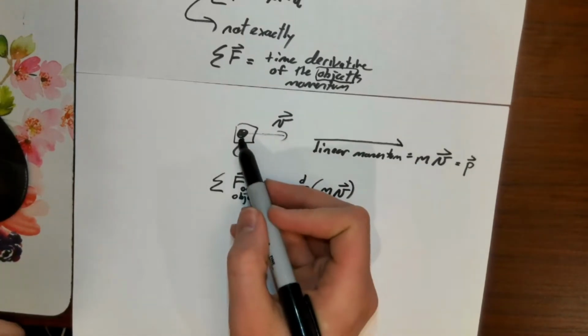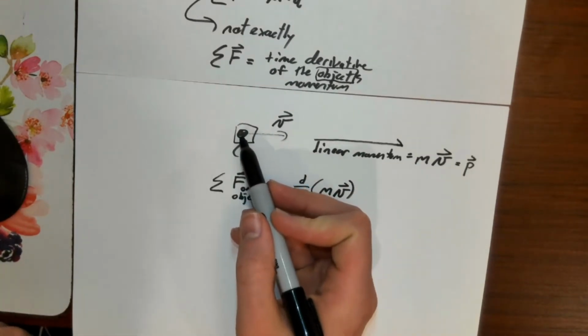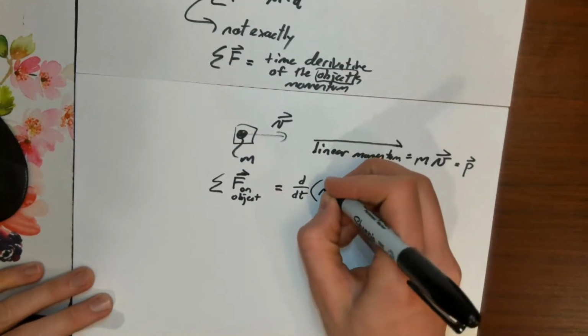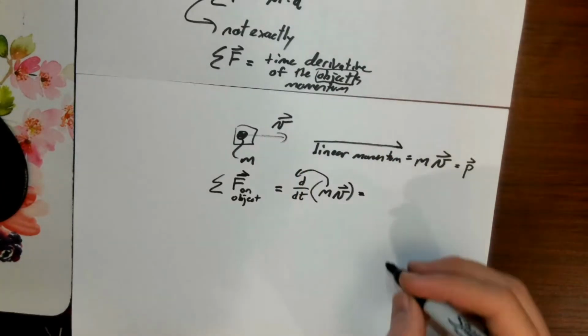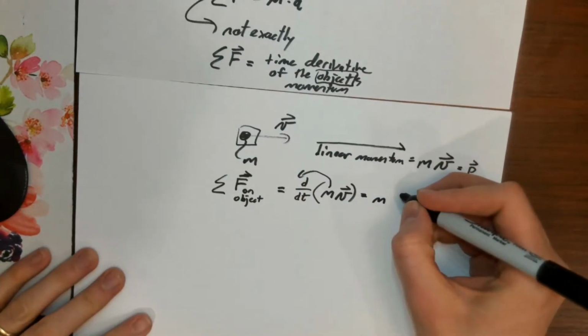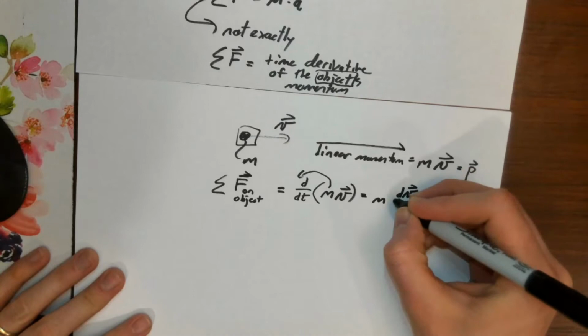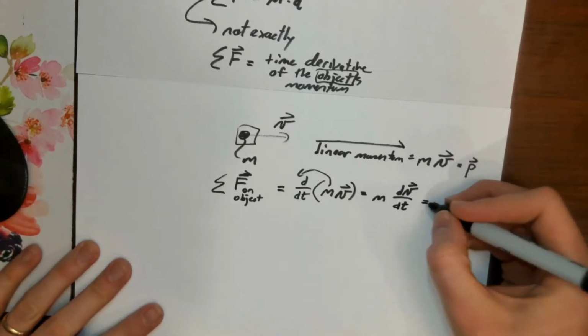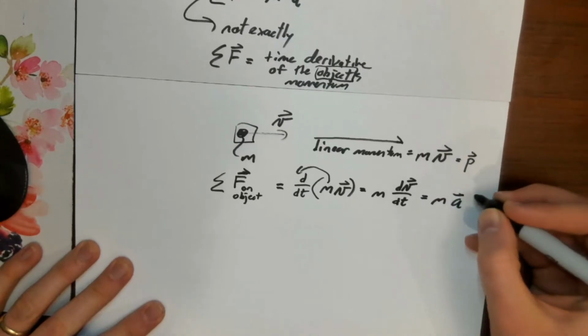For most objects, mass isn't really being created or destroyed in any way. So mass is a constant that can pop right out of that derivative. Then we have m times dv/dt. And of course, the time derivative of velocity is our familiar acceleration.